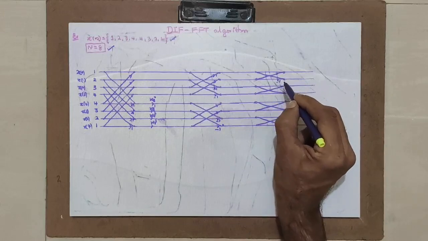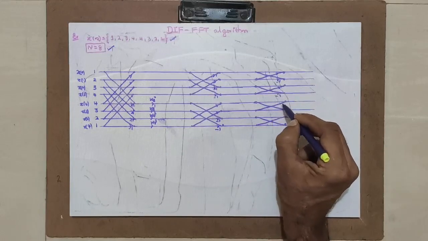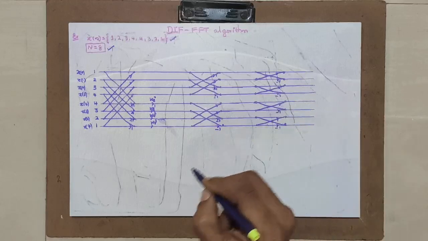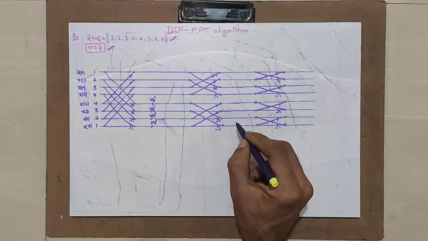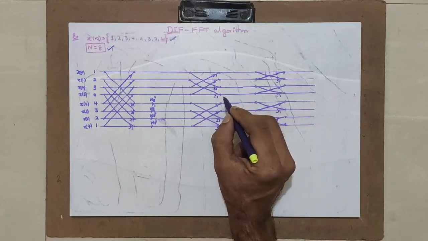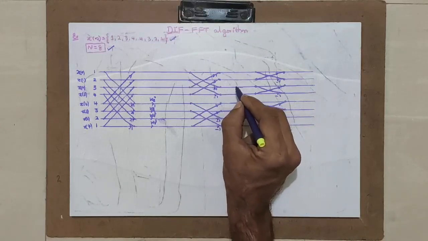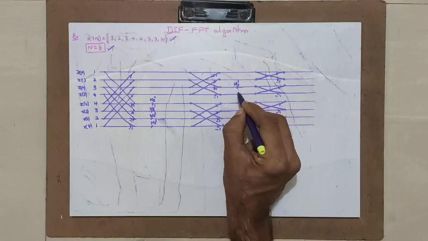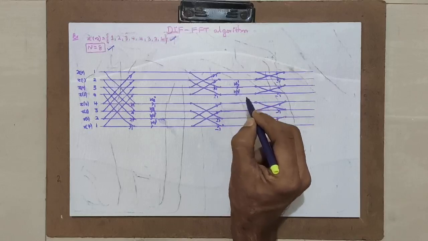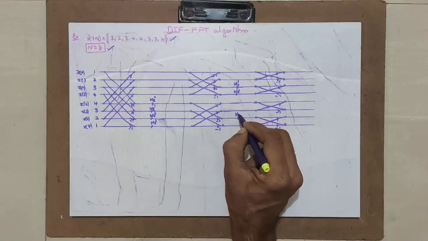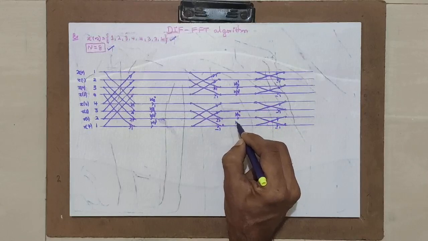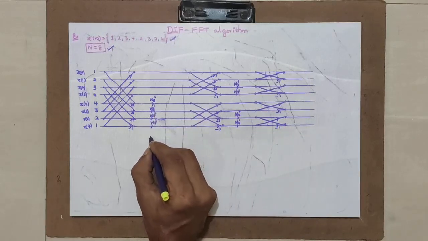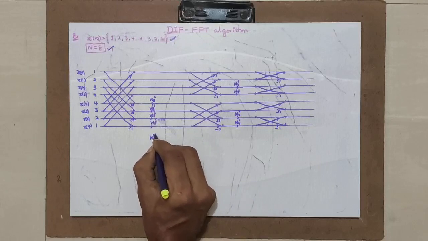Here -1, -1, -1. Now after this, you should know that at the -1 points you should add the twiddle factors W40, W41, W40, W41. Now I will write out the twiddle factors so that it is complete.